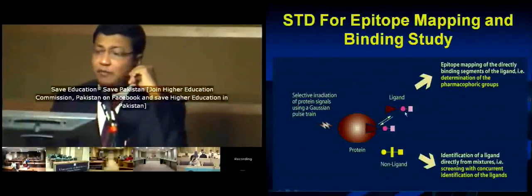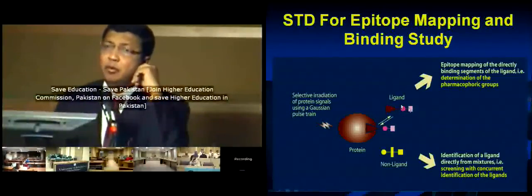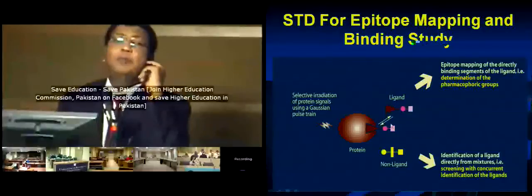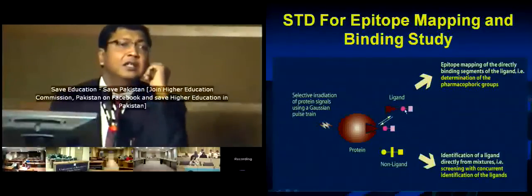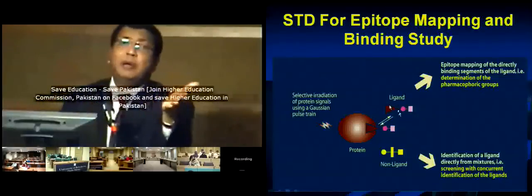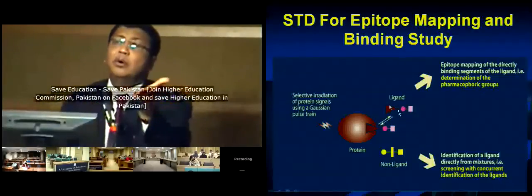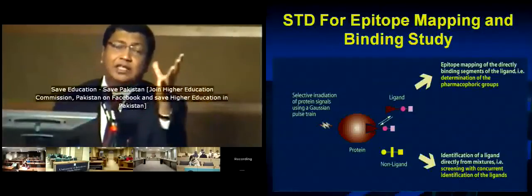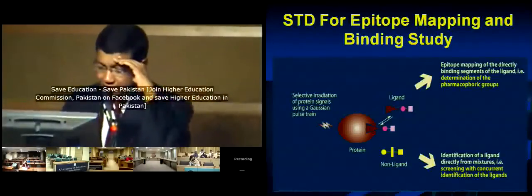So you want to have an optimized minimum pharmacophore. It gives you the ability of manipulating the structure and then rechecking it. So epitope mapping then grows into a process called lead optimization. Amazing technique, a very, very interesting technique.